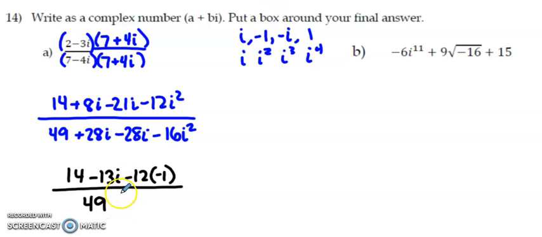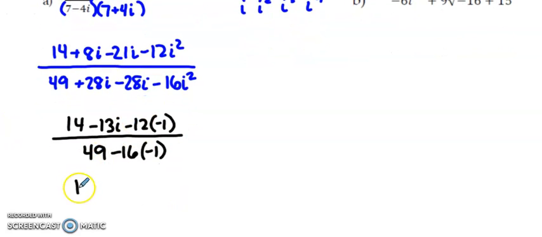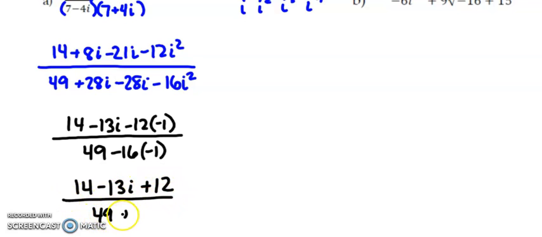49 minus 16 times I squared, which is negative 1. That becomes 14 minus 13i plus 12 over 49 plus 16. 14 and 12 makes 26 minus 13i all over 65.